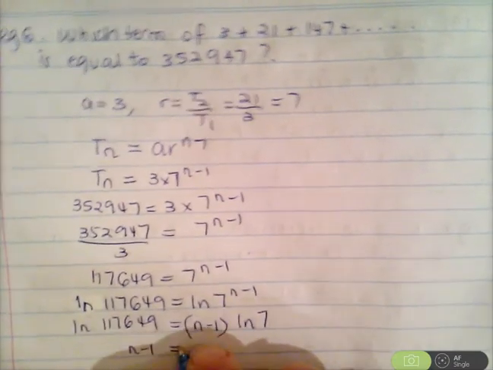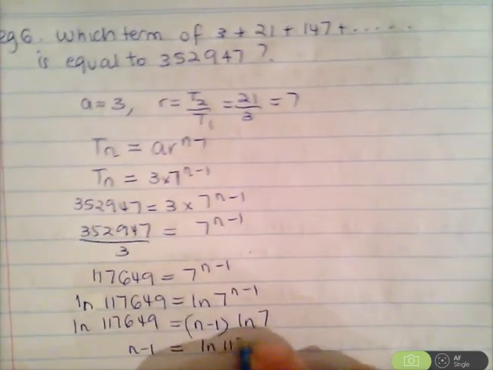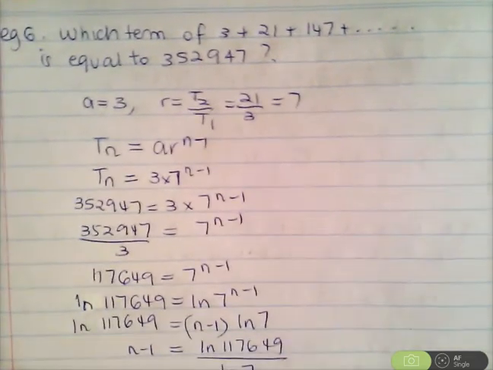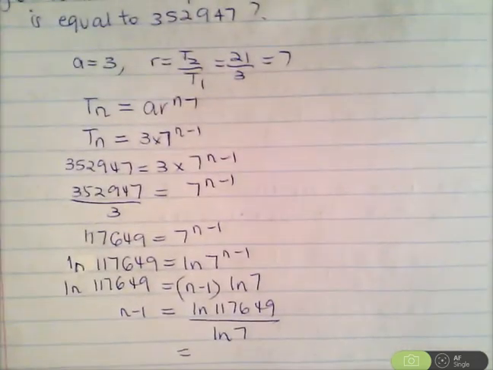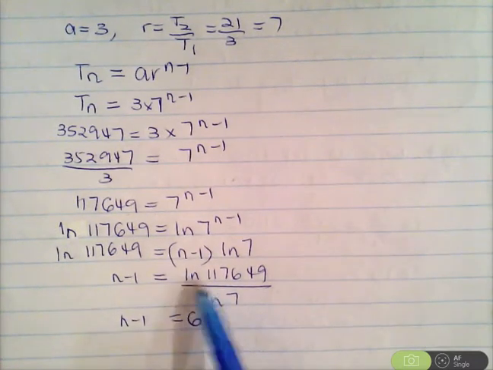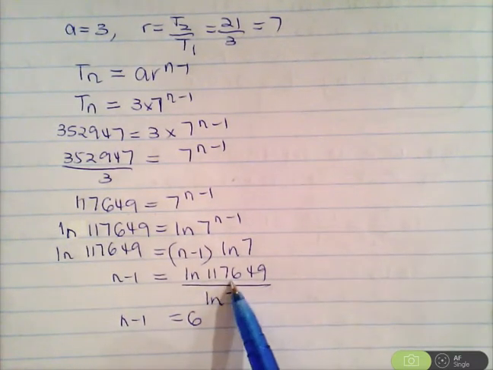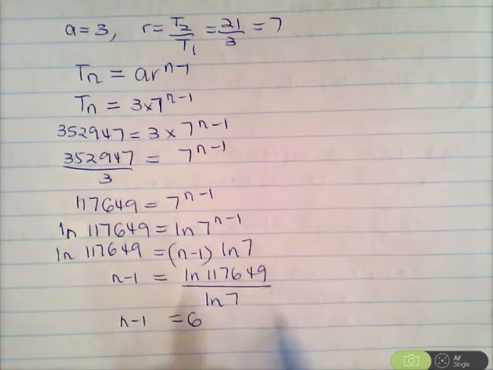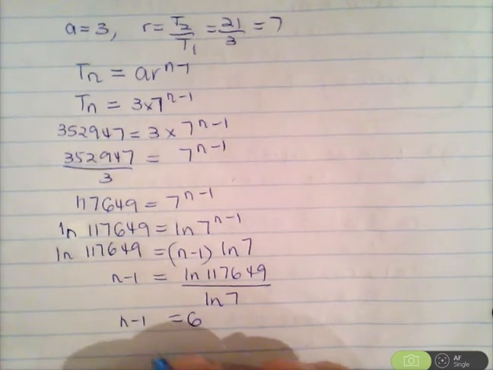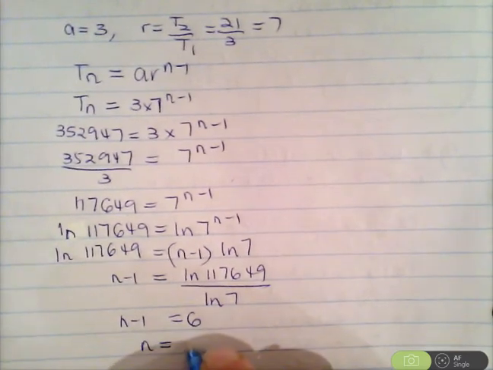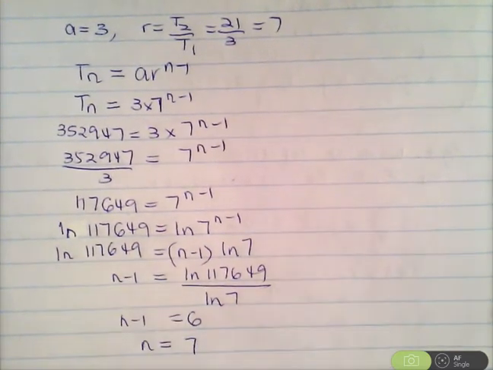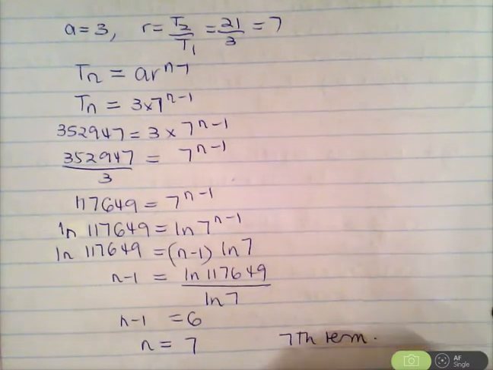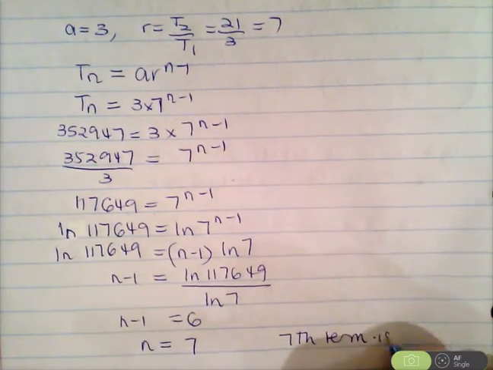Therefore, n minus 1 equals ln 117,649 divided by ln 7, which comes out to be 6. So n minus 1 is 6, therefore n is 6 plus 1, which is 7. So it's the 7th term of that series.